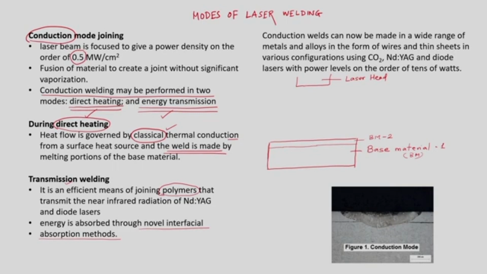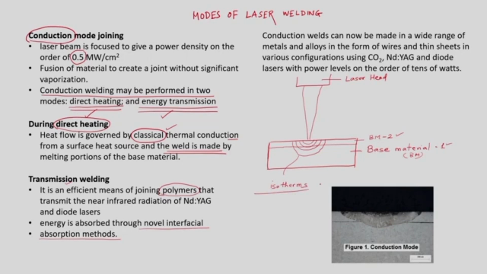So we apply the laser beam on the surface by using a pair of lenses. The laser is focused on the surface, and due to the laser material interaction we generate thermal energy. This thermal energy gets dissipated inside the work material. Based upon the thermal conductivity of BM2 and BM1, we get the isotherms.